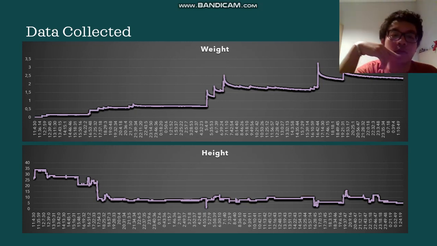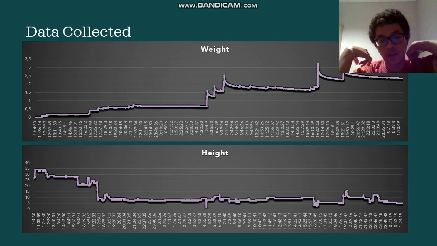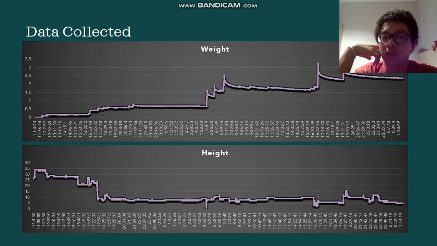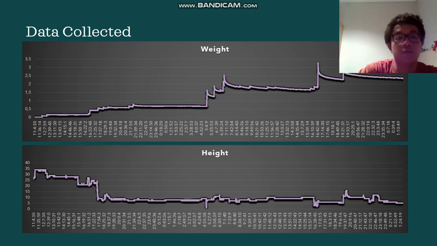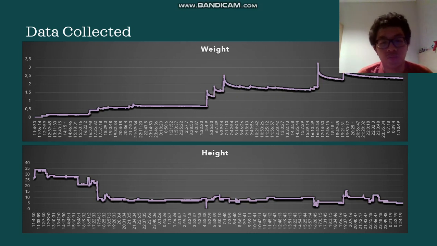So this concludes that the ultrasonic sensor alone cannot represent the capacity of the garbage bin. As you can see, even if the weight is still below 1 kilogram, the garbage is already high in space, so we can't just conclude from the ultrasonic sensor, so we need weight.